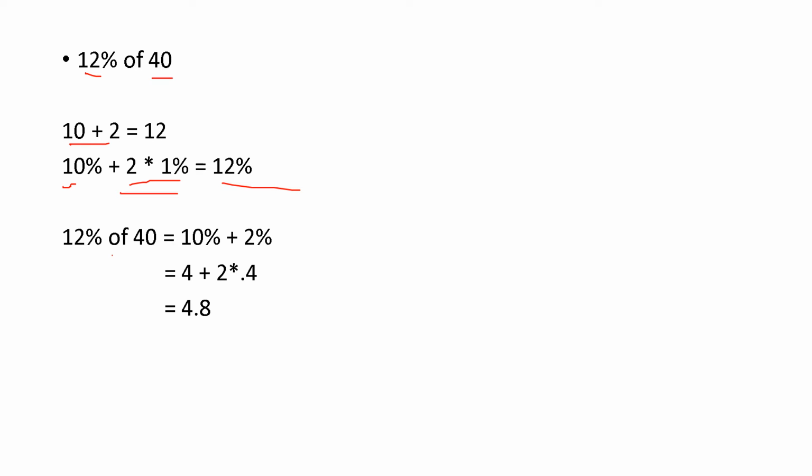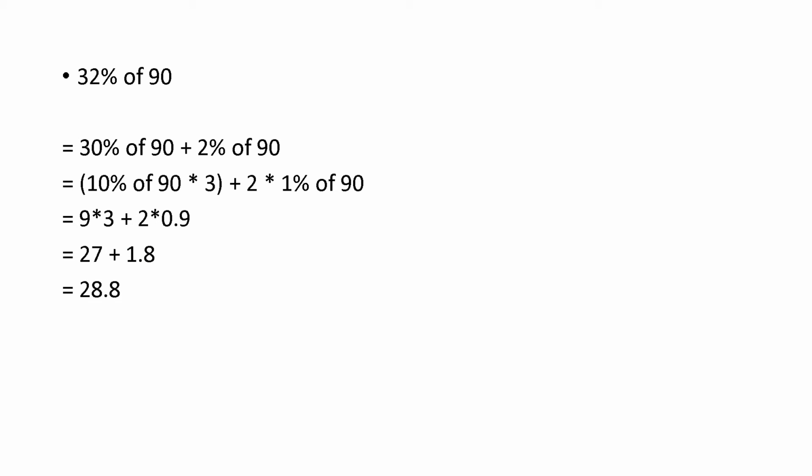Here 12% of 40. So 10% of the number plus 2% of the number. So 2% means 2 into 1%. Okay, 2 into 1%. So we know 2 into 1% of 40 is 0.4. 10% of 40 is 4. Add both. You will get the answer. Okay.